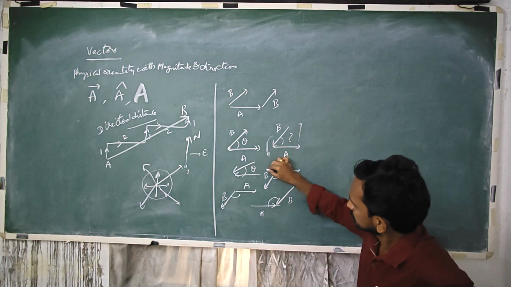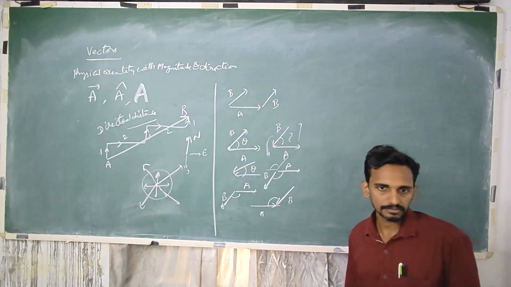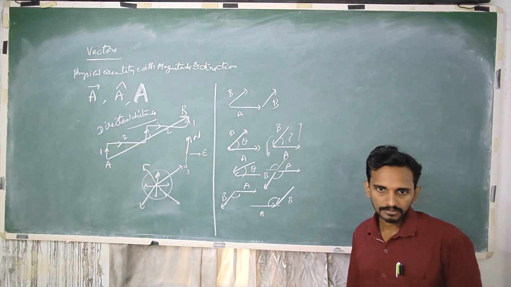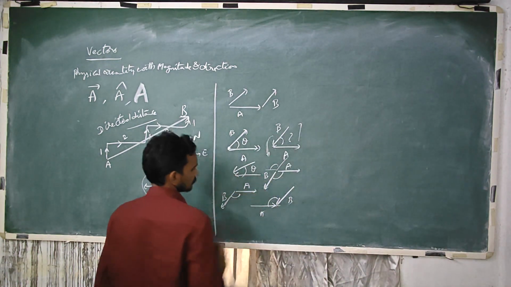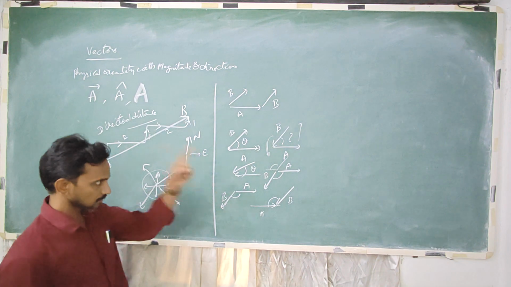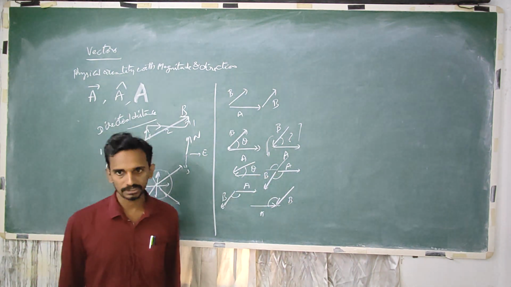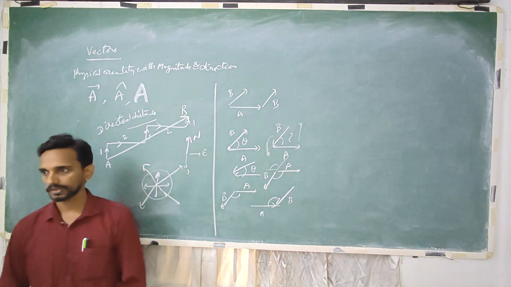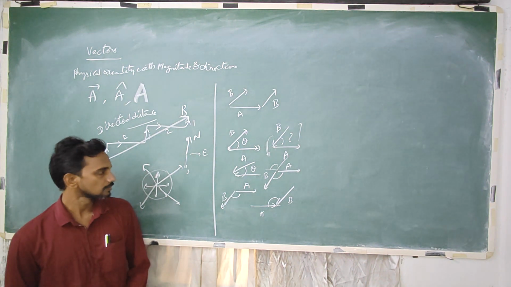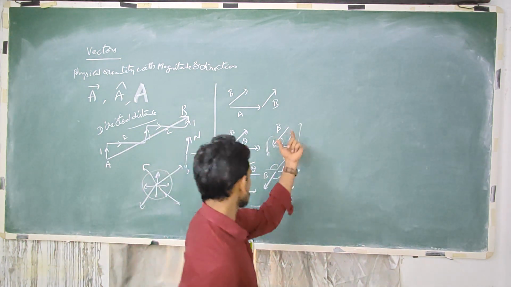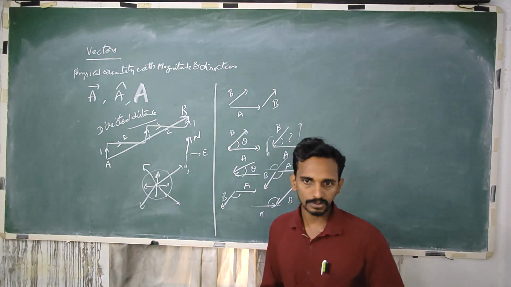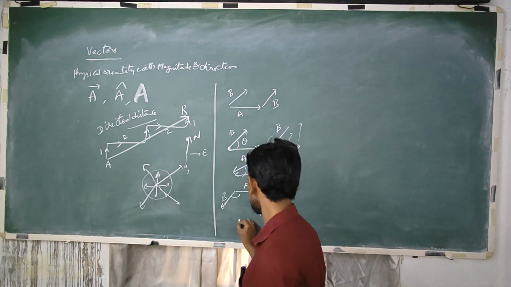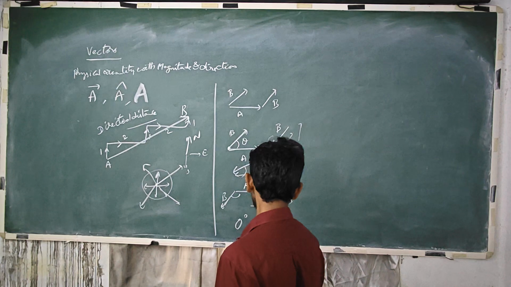When two lines cross each other, the angle on the opposite sides will be equal. Right? So these are the possibilities for angle between two vectors. So angle between two vectors will be varying between 0 degrees to 180 degrees.